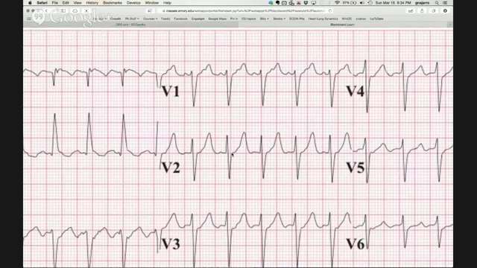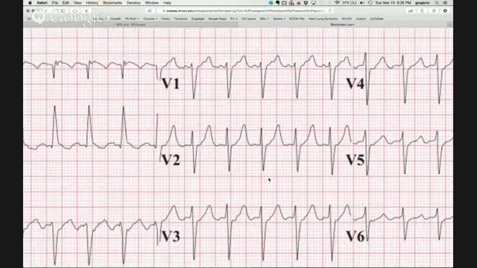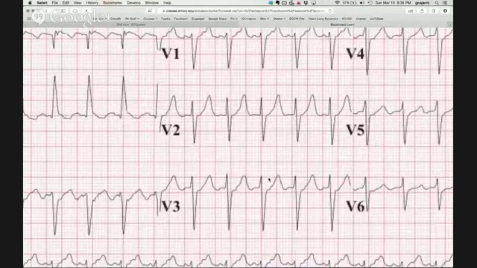See that? It kind of ends right there. So 2.5 boxes would be 0.1, right? So this is not greater than 0.12, which is the first criterion for a bundle branch block, right? And so it's not a bundle branch block.